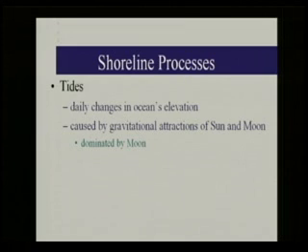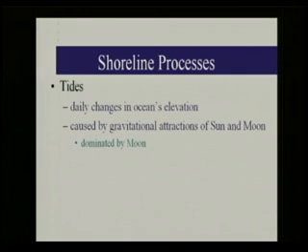Tides are dominated by the moon. Now, why is this? Why are tides dominated by the moon? If it's a gravitational attraction, the sun is so much bigger. Remember Newton's law of universal gravitation? The gravitational attraction is directly proportional to the mass of the objects.